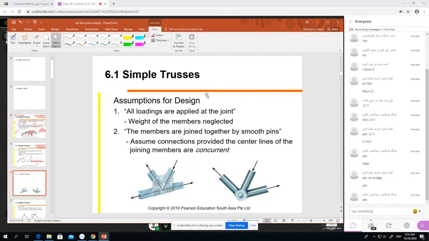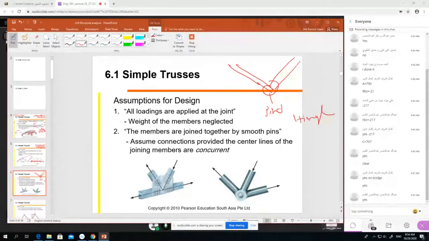Now in a truss, the members are jointed by joints. All of them, as I told you, are called slender members. A slender member is jointed usually by a pin joint or hinge. All loading is applied at the joints, and usually the weight of the member we neglect.